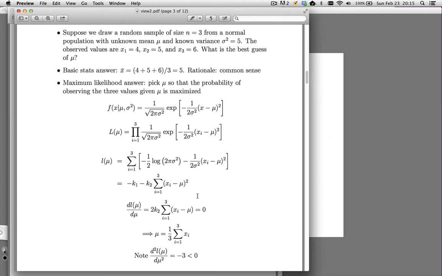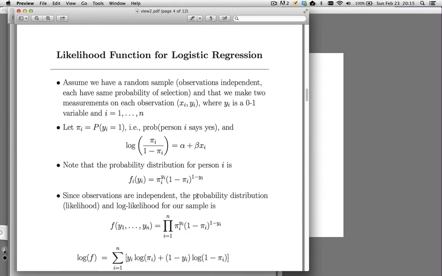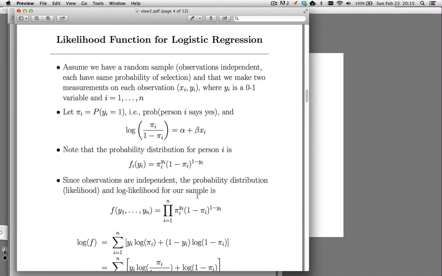Let's now do maximum likelihood for logistic regression. So for logistic regression, again, the assumptions are, we're going to do simple linear regression in this example. We have observed pairs, so xi and y sub i. The only thing that's different from simple linear regression is that y sub i has to be a 0 or a 1.